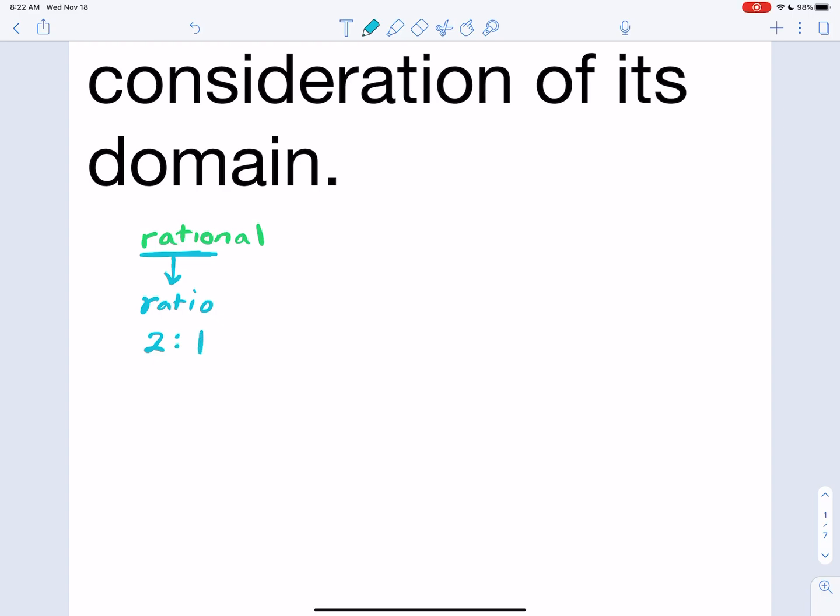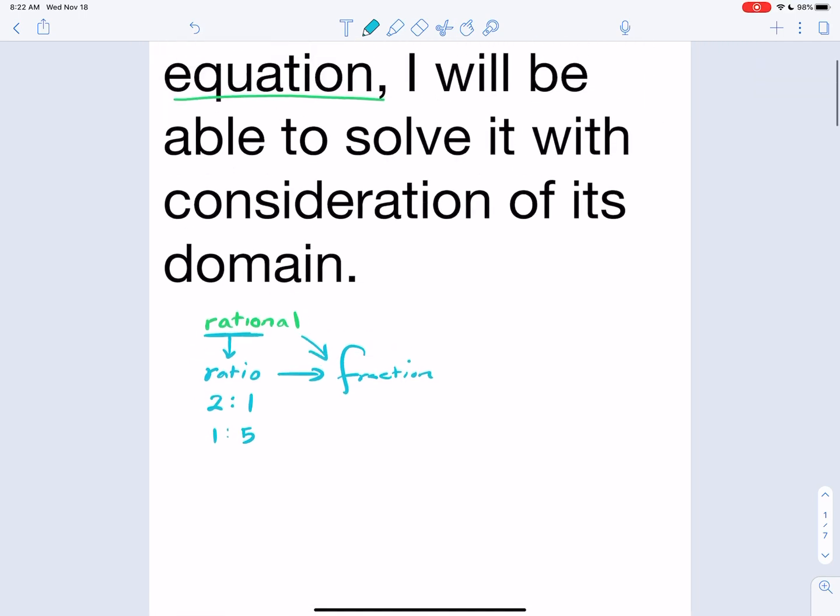For every pizza you have 5 hamburgers. So 1 pizza, 5 hamburgers. So a ratio is really just a fancy word for fraction. So when you see the word rational, it just means fraction.